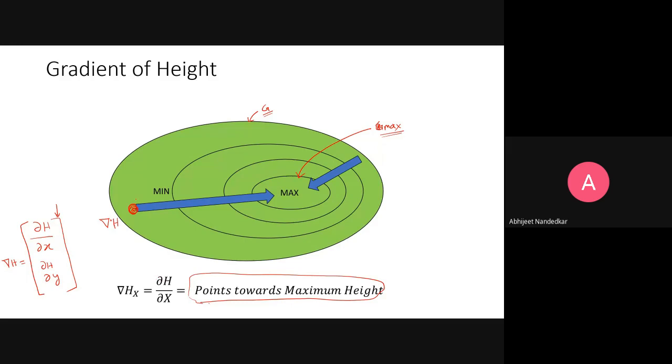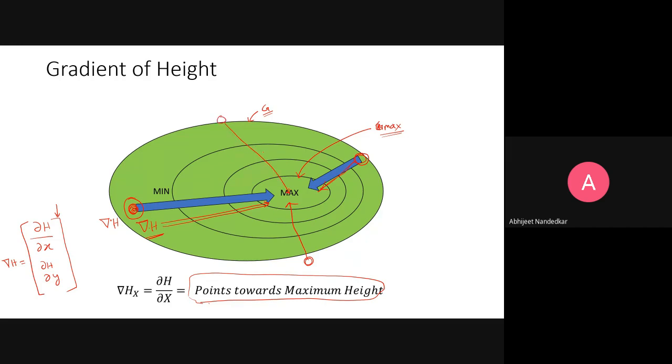So if you stand over here and take the gradient of height for this particular position, it will point towards this maxima. Similarly, if you stand here, it will point towards this. If you stand here, it will show towards this.